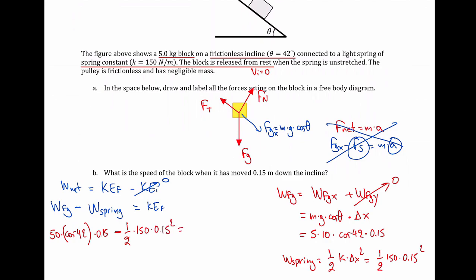And this is equal to the kinetic energy final, which is 1 over 2 mass times velocity final squared. So from this equation, the only one unknown variable is the V final, and with the help of our calculator, we will find that the velocity final is approximately 1.14 meters per second.